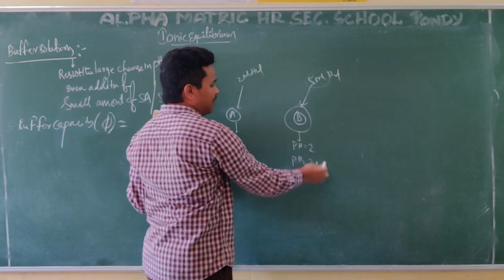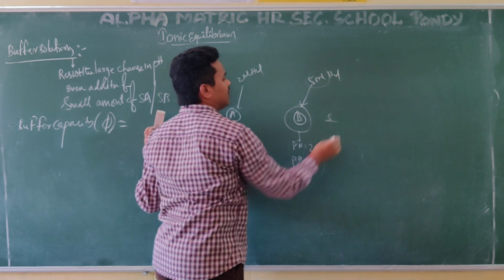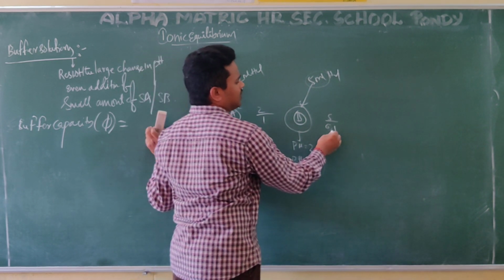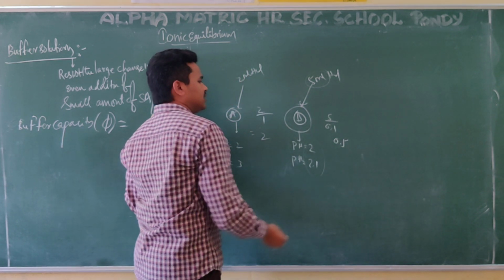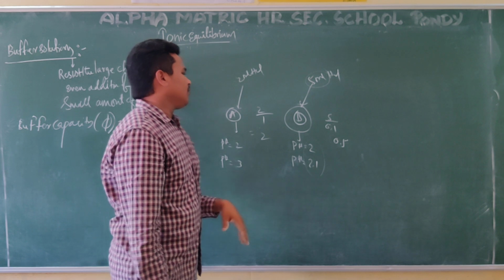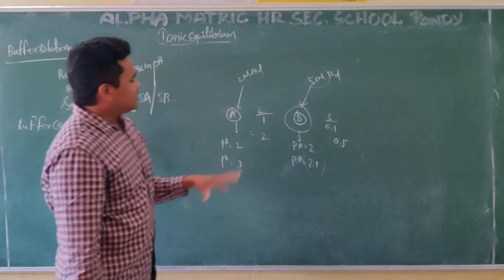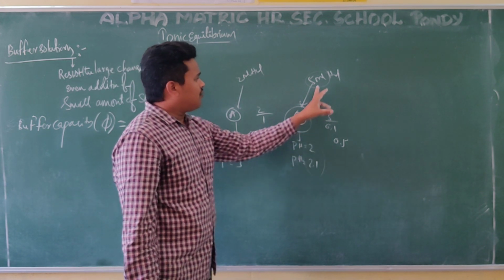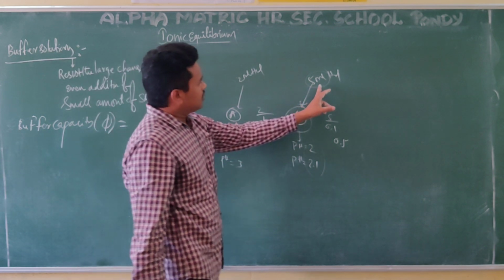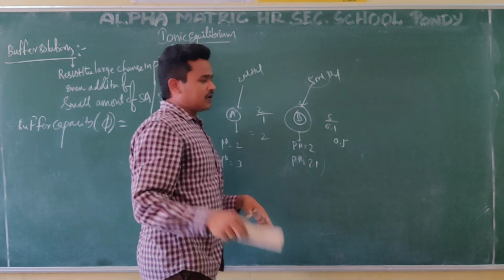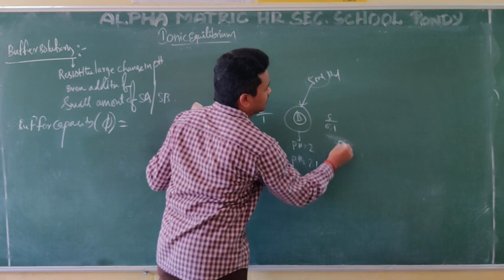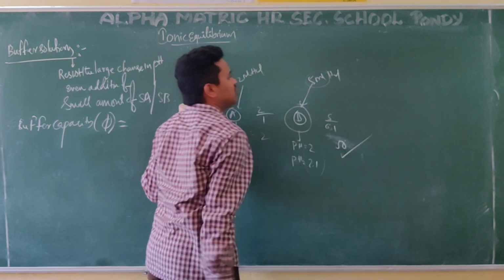How much you are adding per liter, divided by the change in pH. For B, 5 divided by the difference 0.1 gives 50. For A, 2 divided by the difference 1 gives 2. Which is more? 50 is more, so it is a strong buffer.